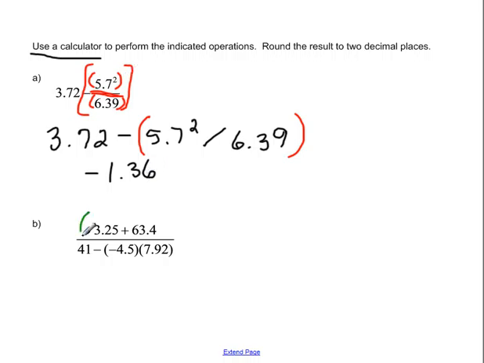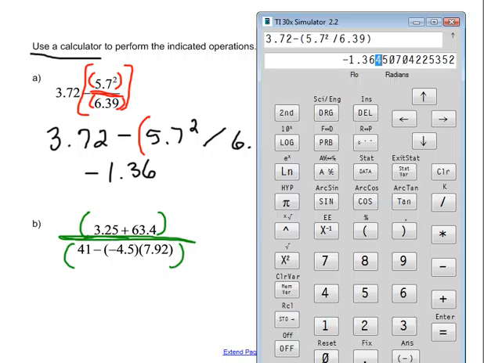Now the second problem, we have to be very careful. We want to be sure our numerator gets held together and our denominator gets held together, because we're not going to be able to use this fraction bar to hold those things together in groups. So we're going to need on our calculator to use parentheses, even though the original problem doesn't use those. So let's clear out our last problem.